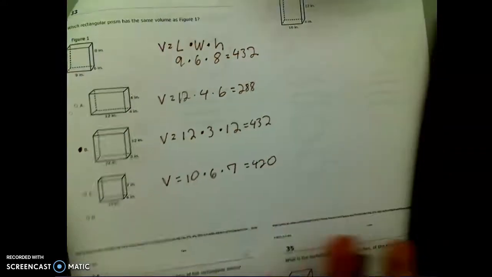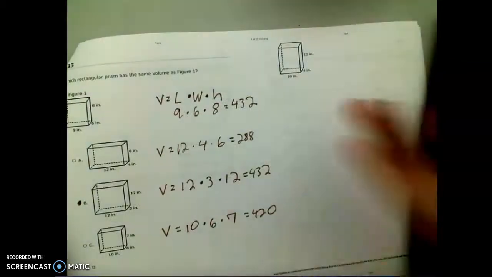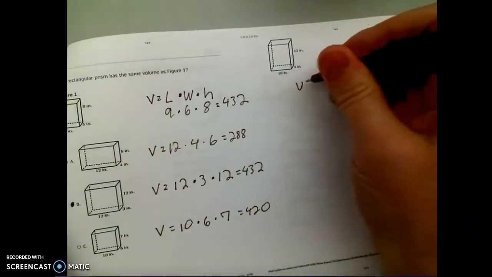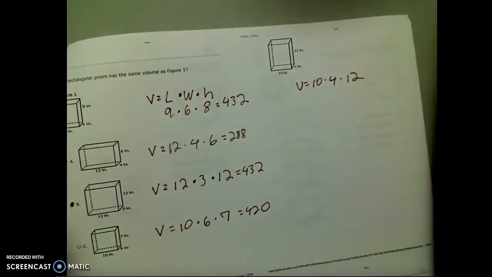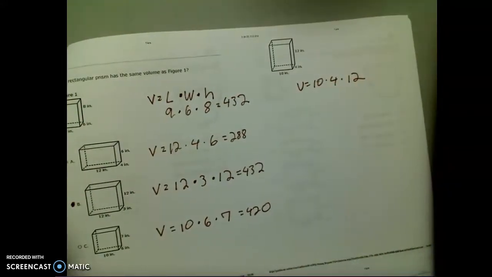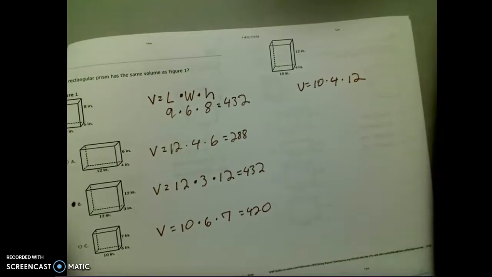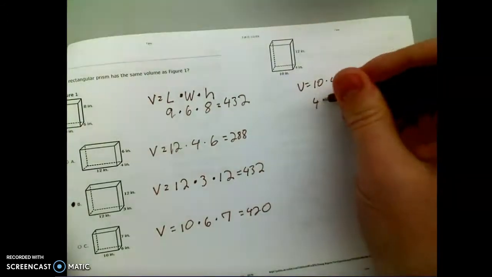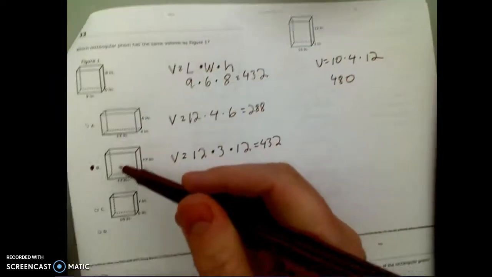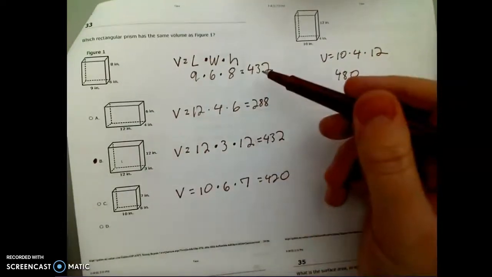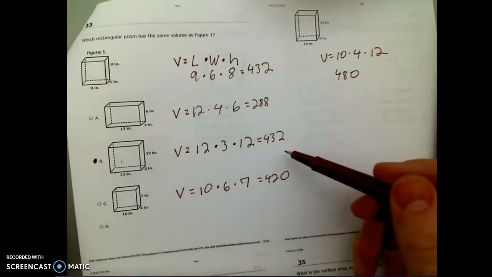So not quite. And the last one is 10 times 4 times 12, which is 480. Okay, so none of them except B. B is the same as this one.